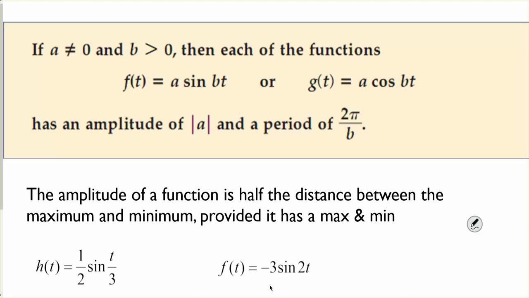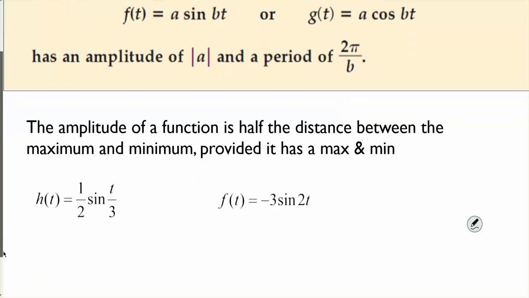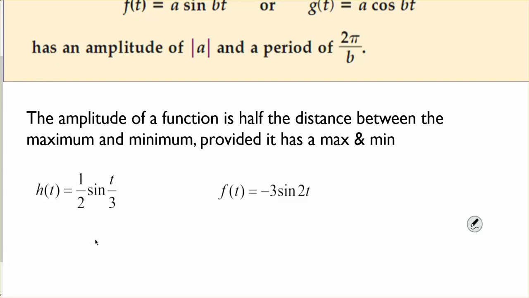It means the highest and lowest values it goes to are 1/2 for one, and 3 for the other. So this guy right here, 1/2 sine of t over 3, has an amplitude of 1/2, and its b is 1/3. So I have 2 pi over 1/3, and my period is 6 pi.